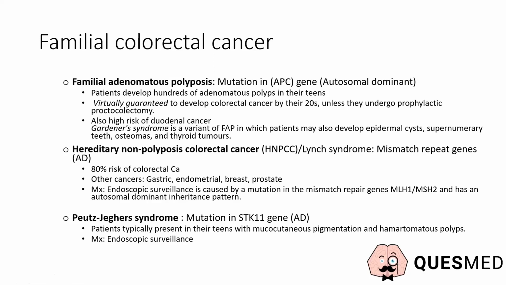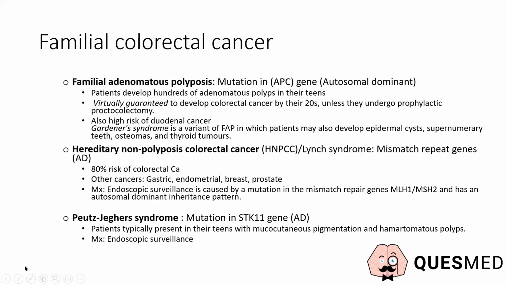And essentially, if polyps are identified on scope, then they'll typically be offered resectional surgery. If polyps are left untreated, there's almost a 100% cancer risk. FAP is also associated with duodenal cancer. Gardner syndrome is a variant of FAP in which patients may also develop epidermal cysts, supernumerary teeth, osteomas, and thyroid tumours.